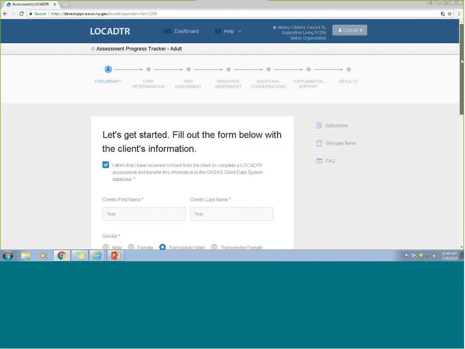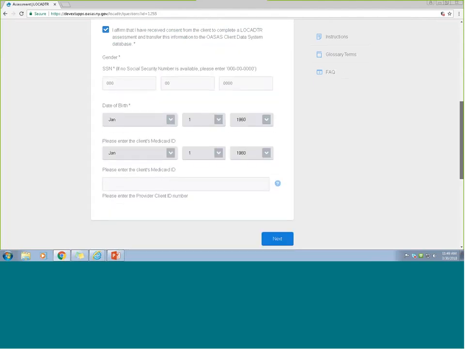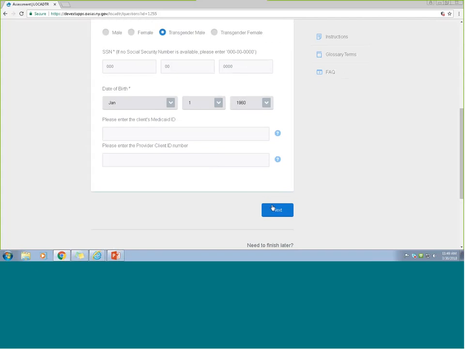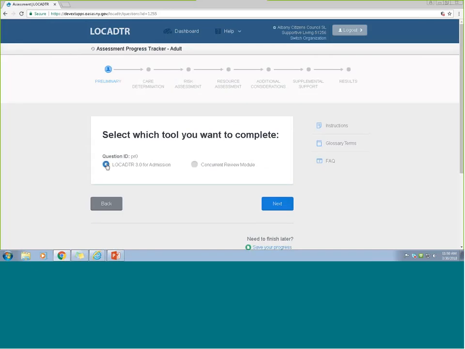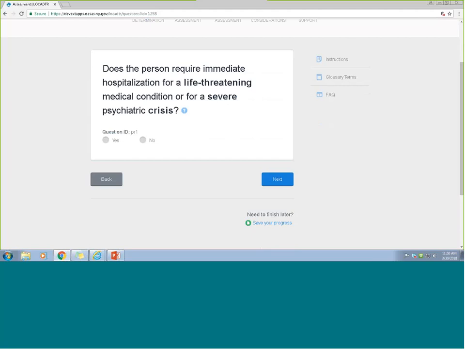When you select that option, you'll see that the patient information screen is pre-populated with the information that you had entered when doing the concurrent review module. And you would go ahead and select Locator 3.0 as the option to complete the determination on the next level of care.